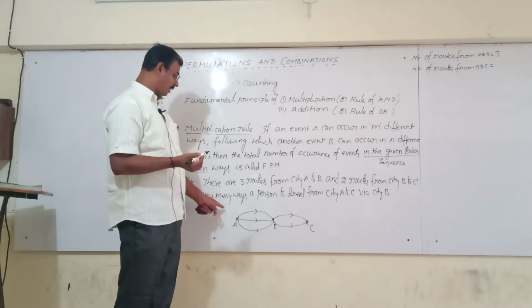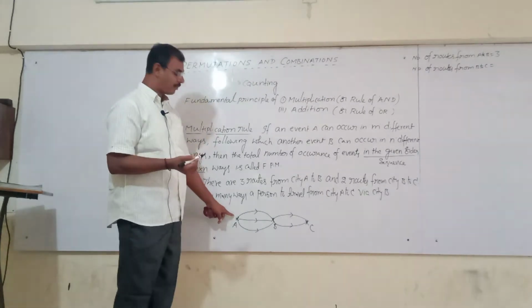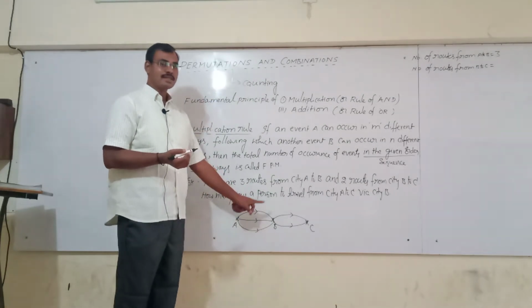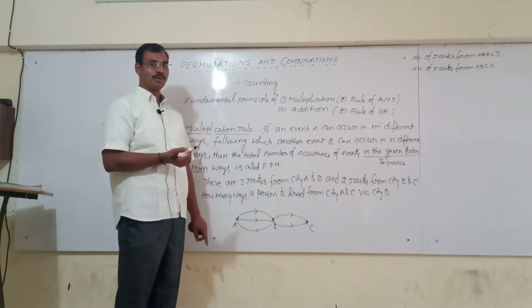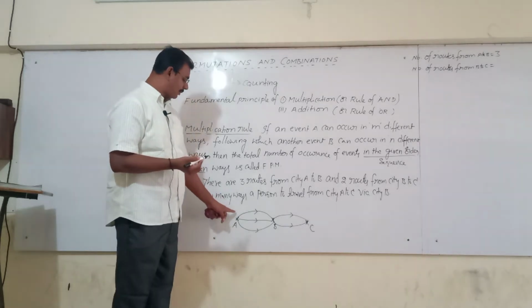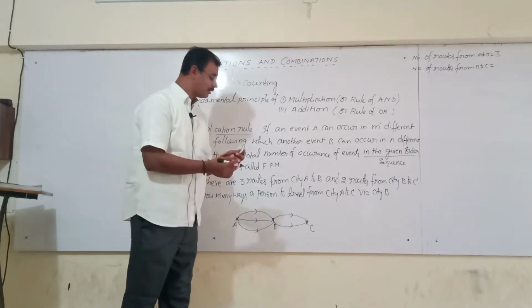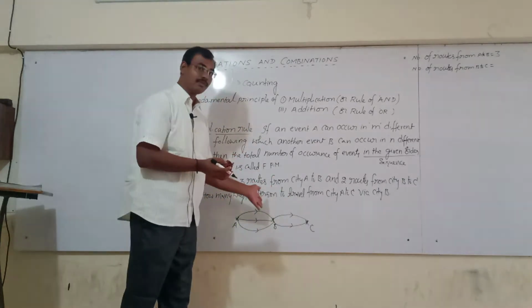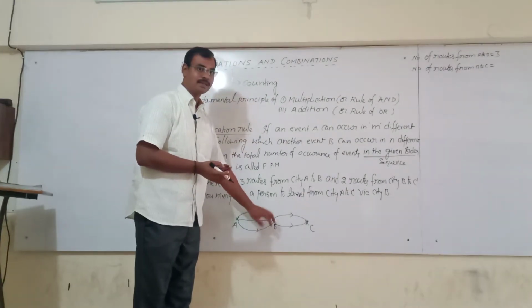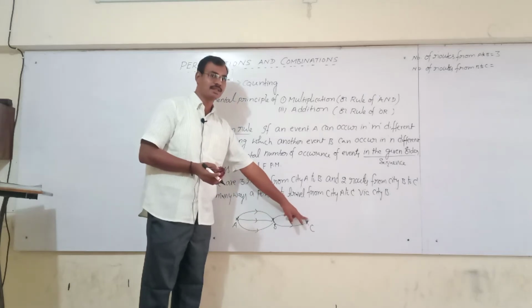So here, firstly, he will go from A to B. Does he stop here? No. As a person travels from A to B, further also he does not stop here, because he wants to reach station C only.